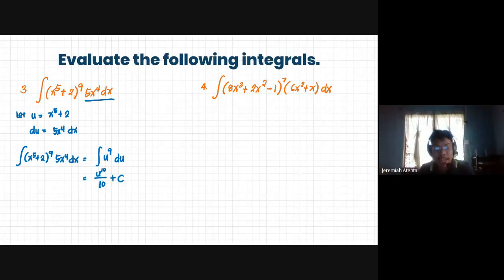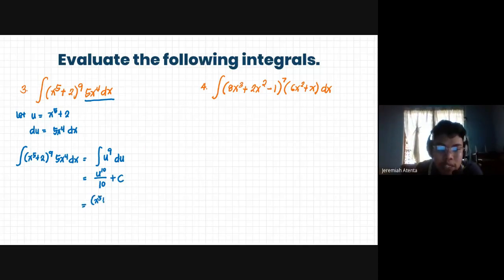Is this the final answer? Excuse me. Is this the final answer? Yes or no? No po. Because we need to express that one in terms of x. And we know that u is equal to x to the power of 5 plus 2. So we will now have x to the power of 5 plus 2 raised to the power of 10 over 10 plus c.